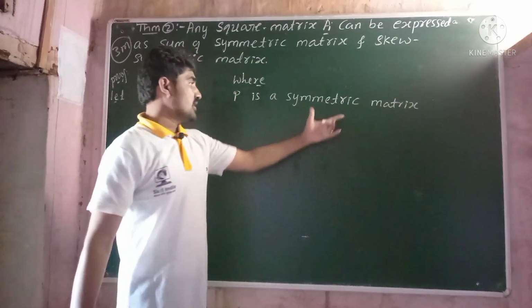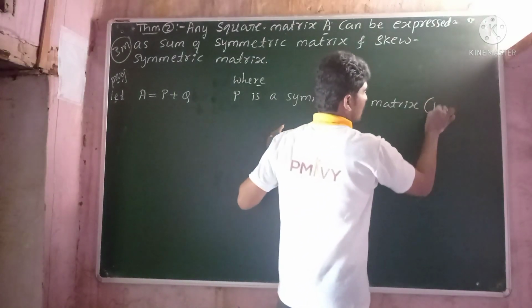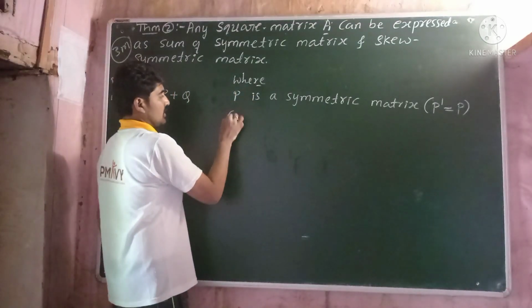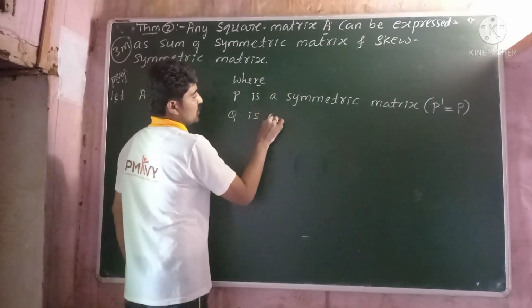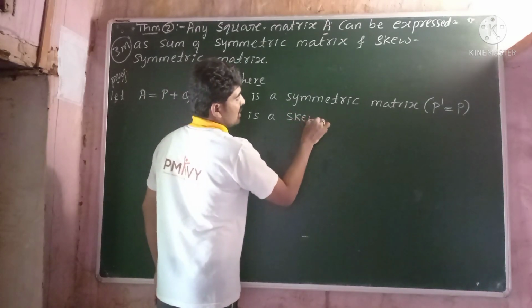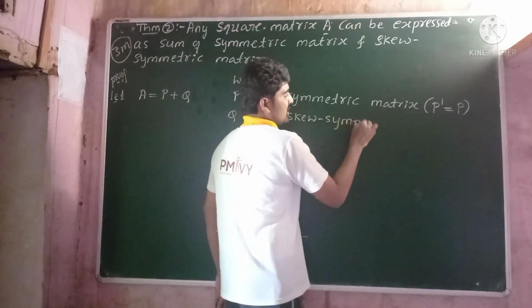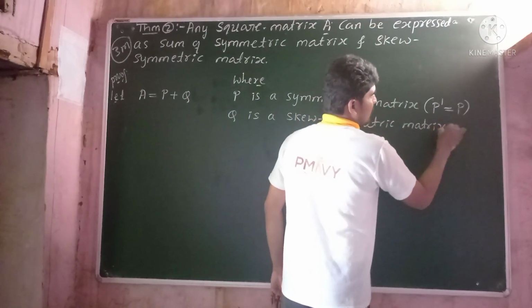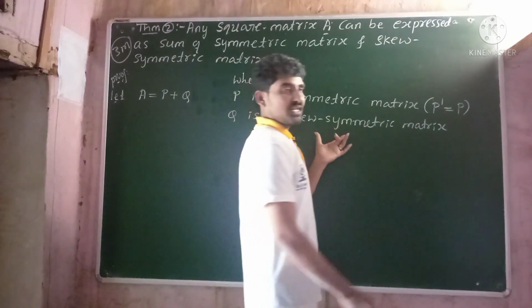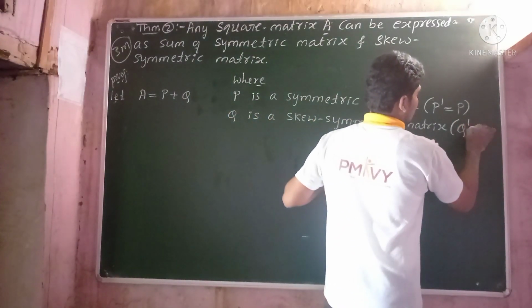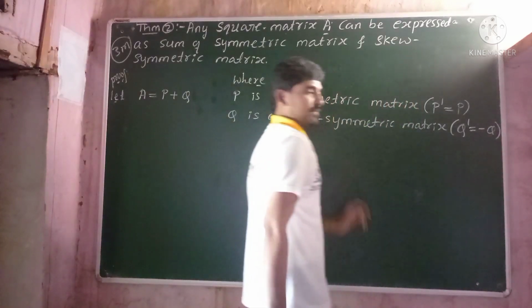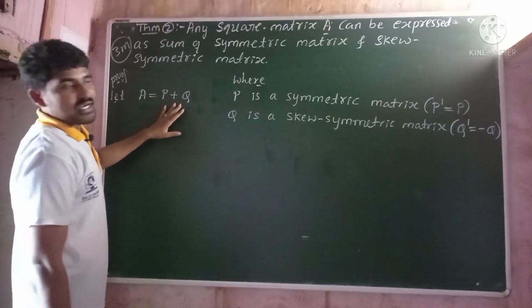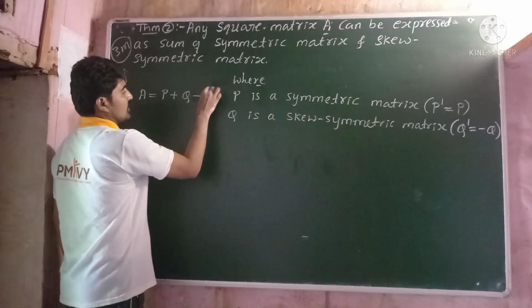Therefore, from the definition of symmetric matrix, P dash is equals to P. And Q is a skew symmetric matrix. Therefore, from the definition of skew symmetric matrix, Q dash is equals to minus Q. So this A is equals to P plus Q matrix. Call it as equation number 1.